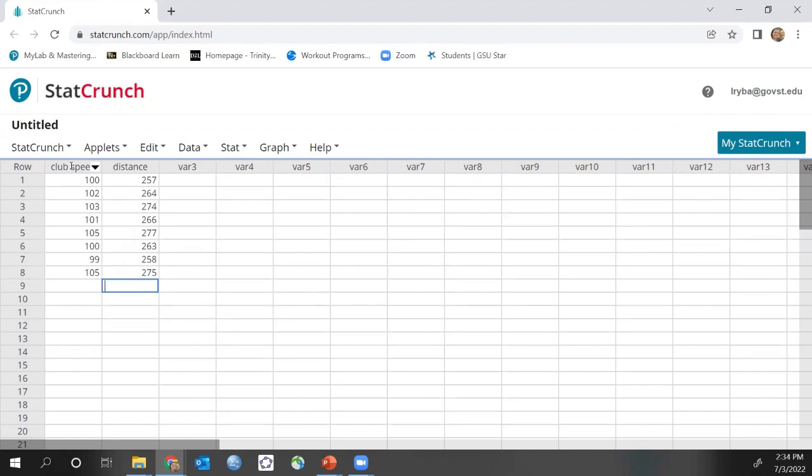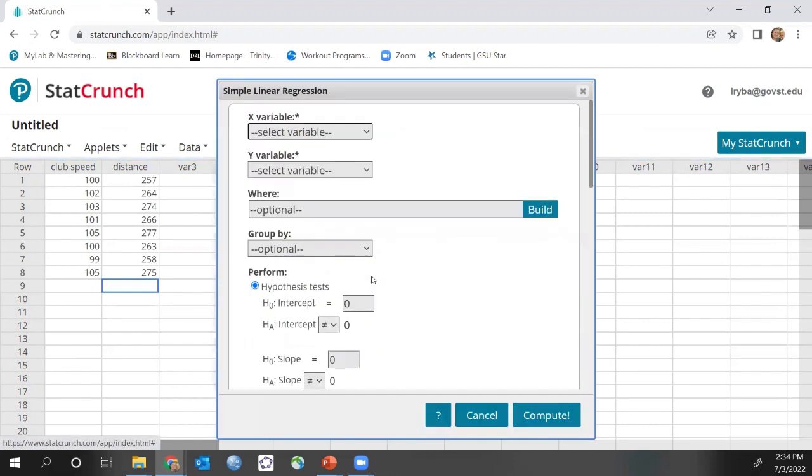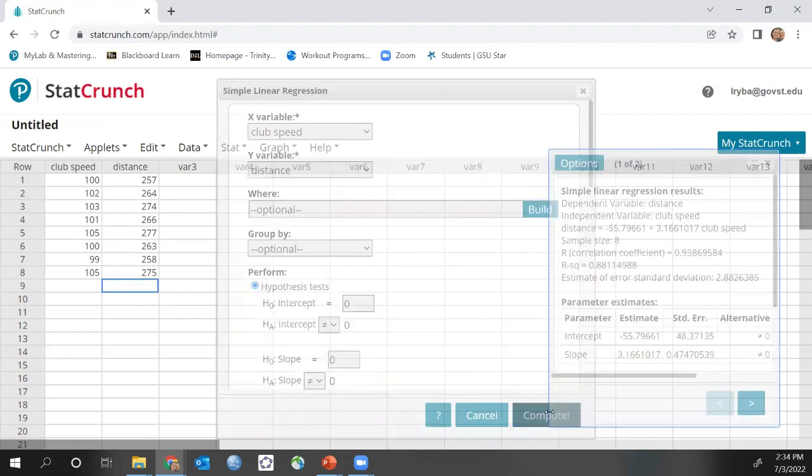So the way that we are going to do these in StatCrunch here, stats, regression, and we are doing linear. Okay, we are selecting our x to be our first variable club speed, y to be our distance, and then you don't need to click anything else, just click compute.